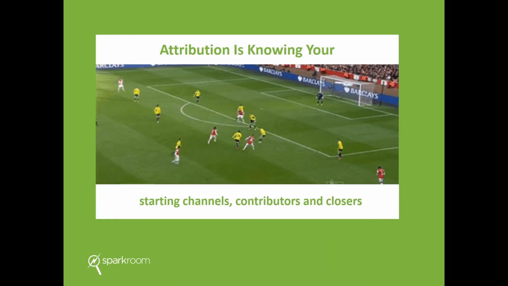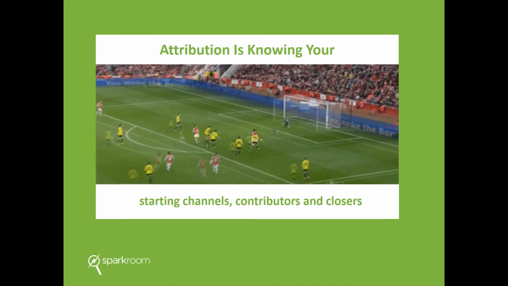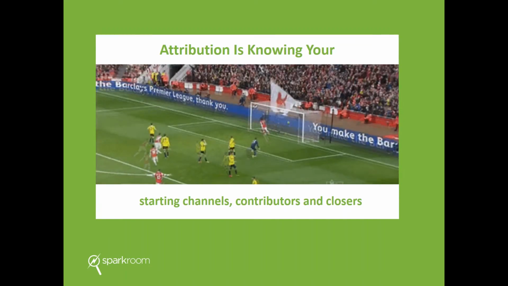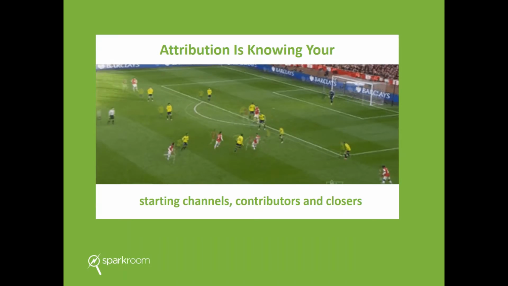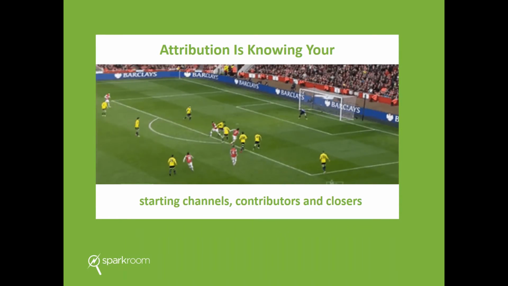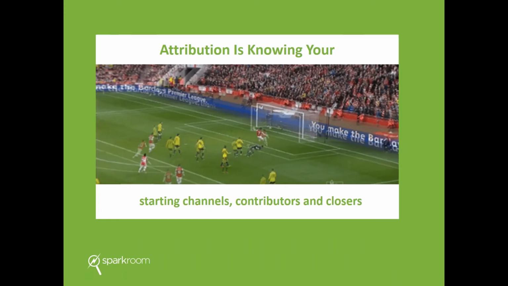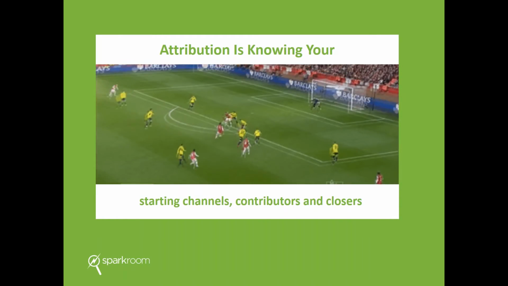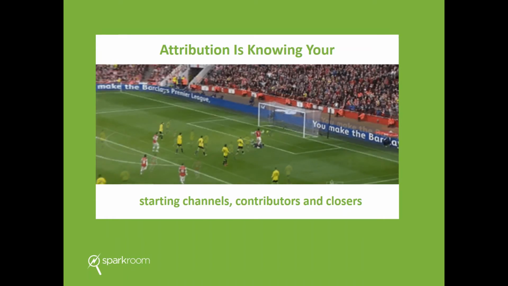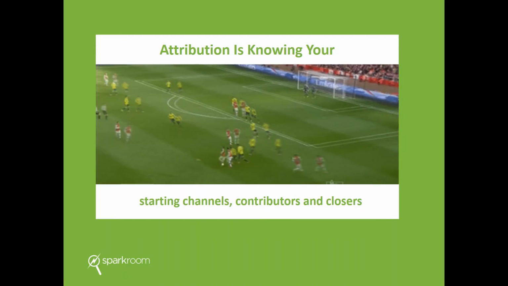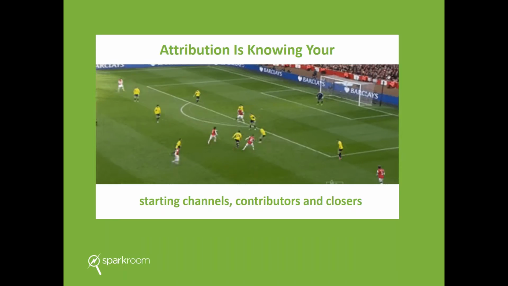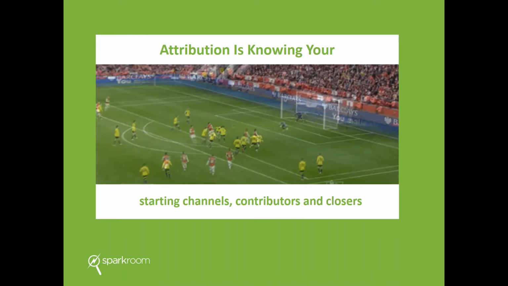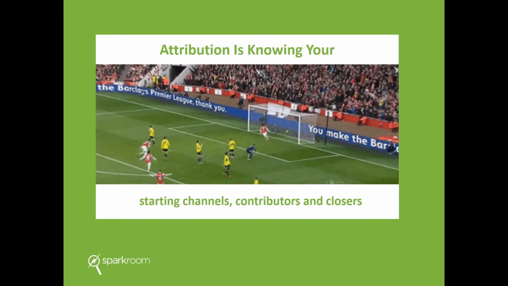There is no one way or one path. There are no two users that take the same path to get to you. Based on your media mix and your own setup of how you do your marketing and brand efforts, and all of the various factors, you'll see that specifically for you at a specific time, certain channels will be those starting channels, influencers and contributors.